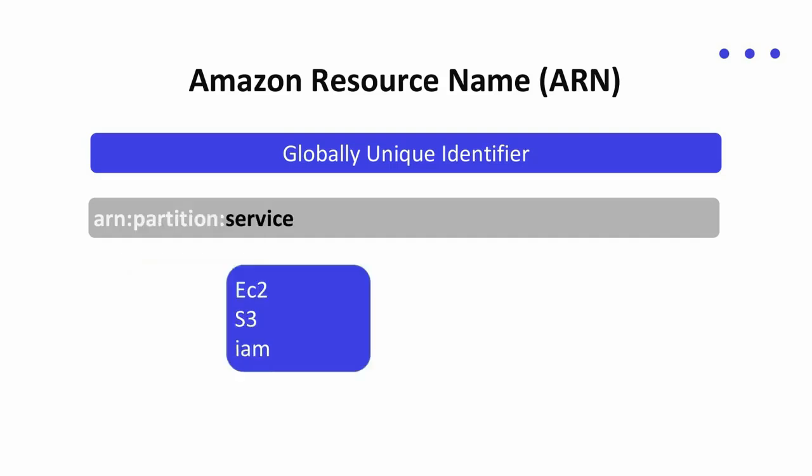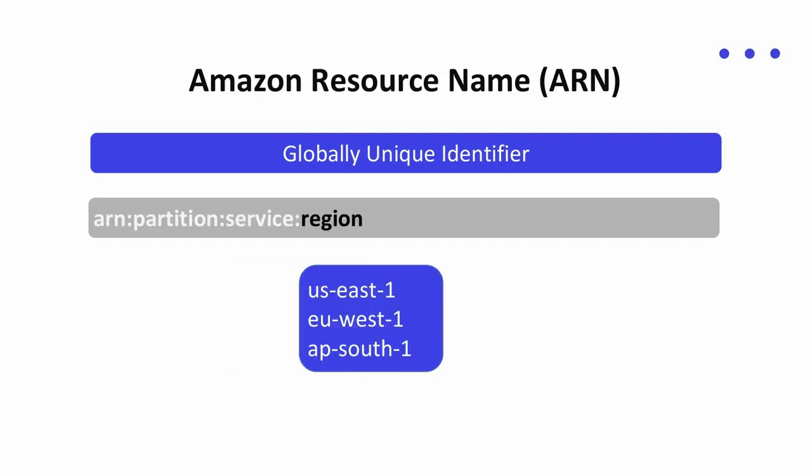And for the most part, it'll be the short form name. We're not going to come out and say Elastic Compute Cloud. It'll be EC2, right? As an example. And then finally, it'll have the region name. And this is, again, really important. As I mentioned, AWS has many different geographic regions. And as a result, we want to specify which region it's coming from, right?